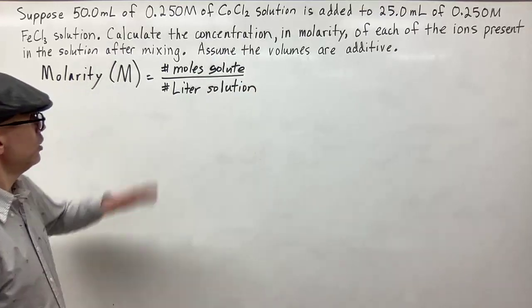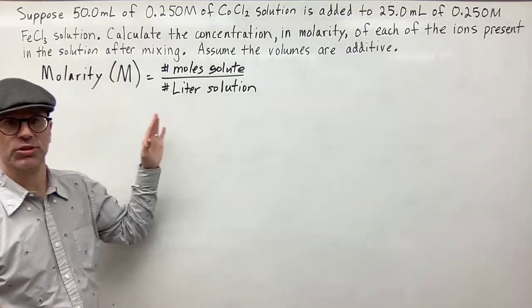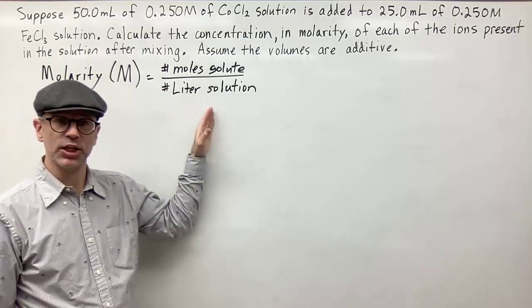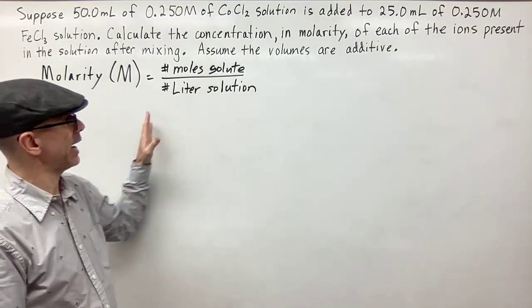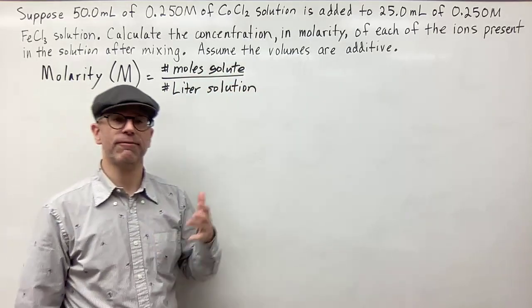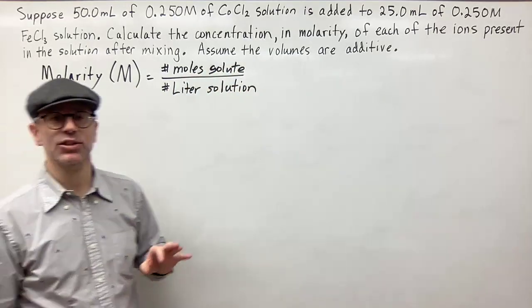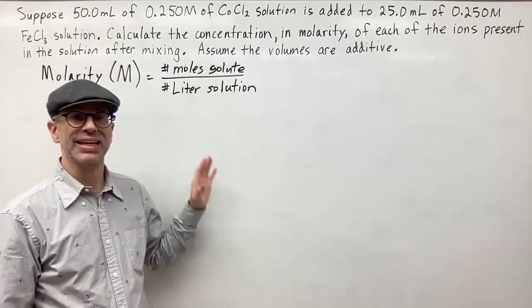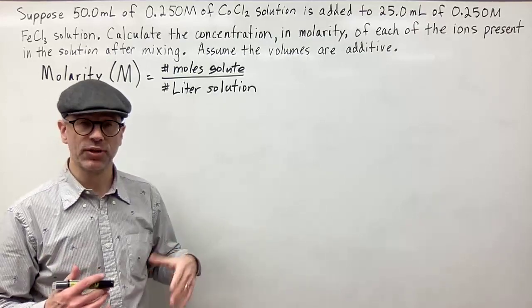Okay, so all we need to do is find the moles of each of the ions in solution divided by the number of liters in solution and get our answer. So what we need to find out first is the number of moles of each ion in each of the solutions before mixing.